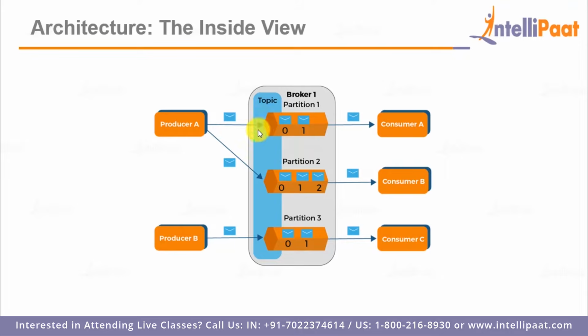Each message is tagged with an offset value. So let's say there is message 1 which is tagged with the offset 0, message 2 which is tagged with the offset 1, and message 3 which is tagged with the offset 2 over here. So this is how it happens. All of the messages are tagged with an offset value and are stored in this cluster. And whenever the consumer requests for this topic, it will get it from the broker.